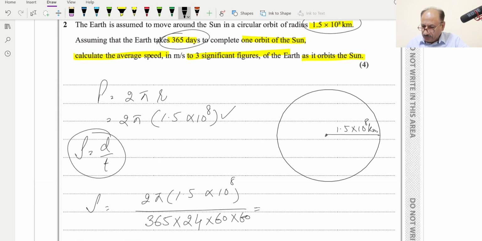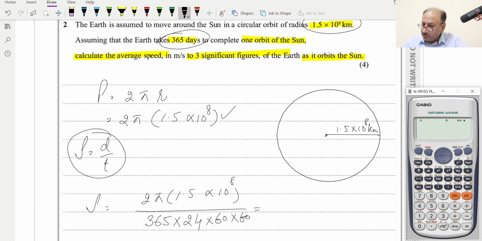And this is what we can calculate with the help of a calculator. So fraction 2 pi, multiplied by 1.5 into 10 raised to the power 8, over 365 into 24 into 60 into 60, and this is equal to 29.88.